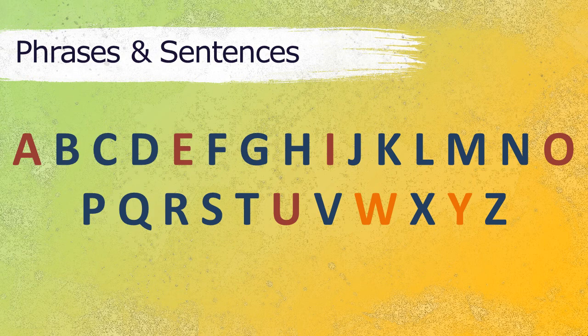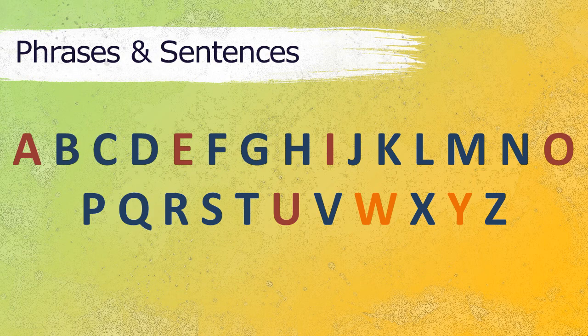A to Z. A, B, C, D, E, F, G, H, I, J, K, L, M, N, O, P, Q, R, S, T, U, V, W, X, Y, Z. So here we can see that these letters are shown in three different colors. Why is it like that?